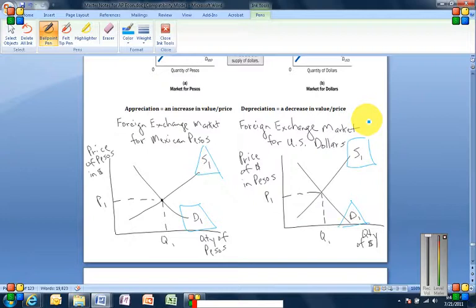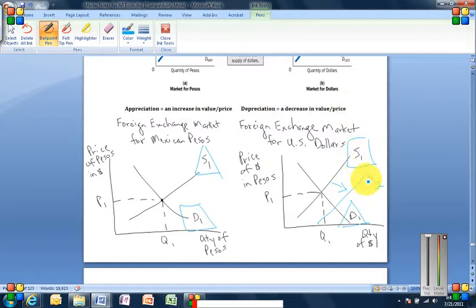So let's say that the U.S. has some citizens that need some pesos. What are they going to do? They're going to supply their dollars, so that's an increase in the supply of dollars, in exchange for demanding pesos. So as I said, these two curves, which are tied on a string, will move in the same direction.